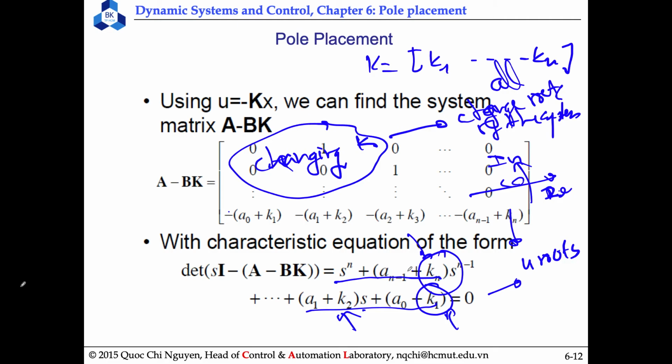Okay, let's see next. The remaining question is how we can find the proper k.